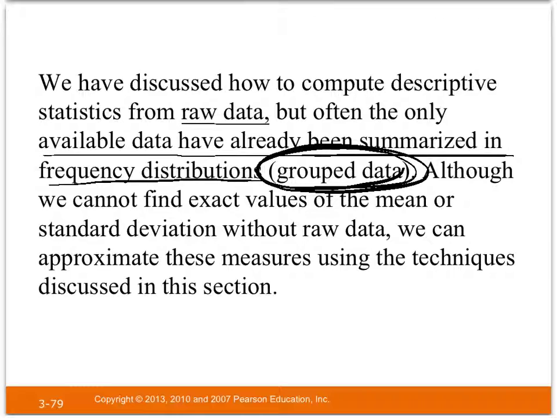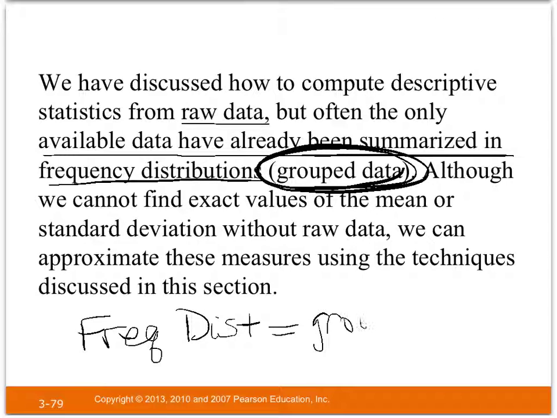So if we're working from a frequency distribution, that is grouped data. It's not the real thing. It's just a description of how frequently things happen, okay? And although we won't be able to compute the exact values of mean or standard deviation without raw data, we can approximate these measures using the techniques we're going to talk about in this section.